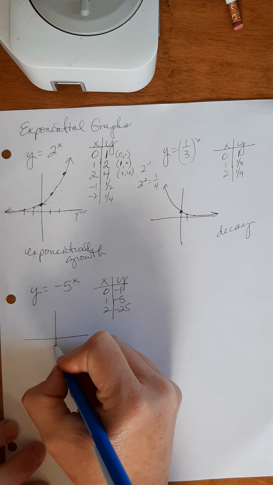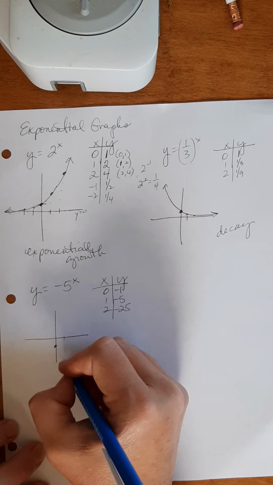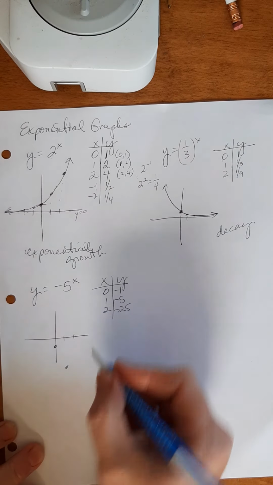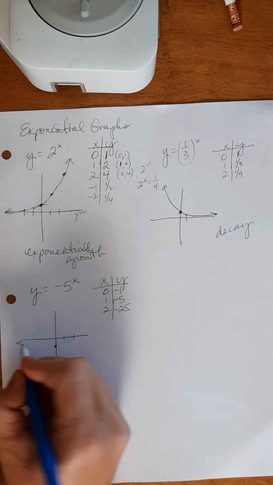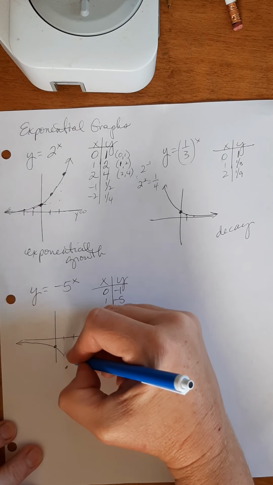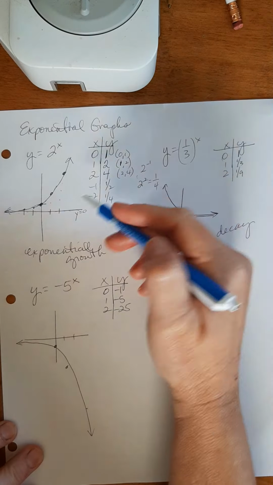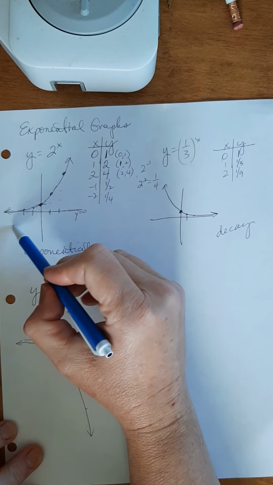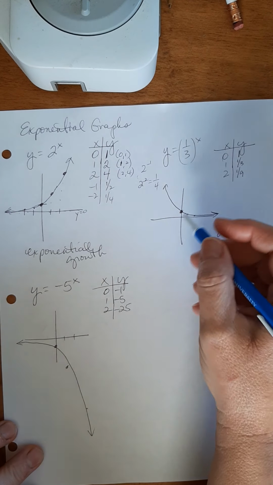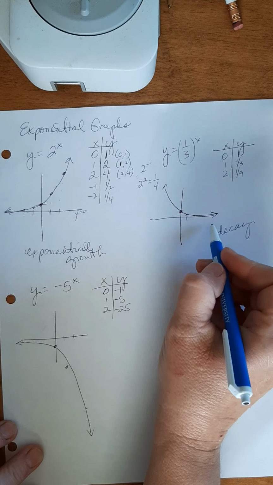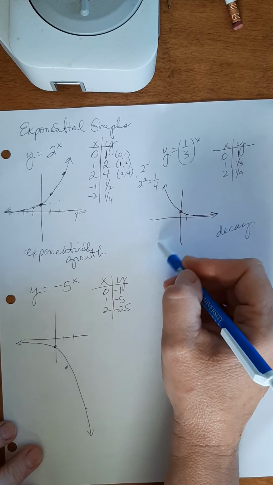So 0, -1, 1, -5, 2, way down here, -25. Was your prediction correct? Notice how it's just reflected below the x-axis. If this was a negative, it would just look something like that.